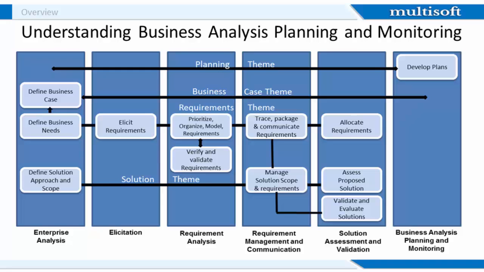It is at the end not because it is done at the end, it is just a representation. If you see at the top, the BA planning and monitoring is a blue rectangle, and it runs right from the start till the end, the black arrow. So that means planning and monitoring is continuous from the start till the end. So BA planning and monitoring is done on the whole.